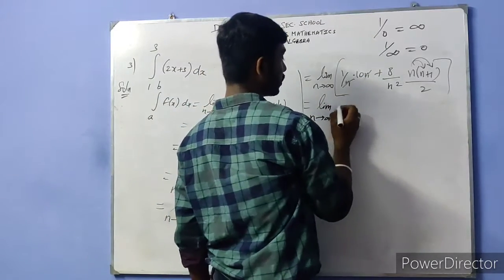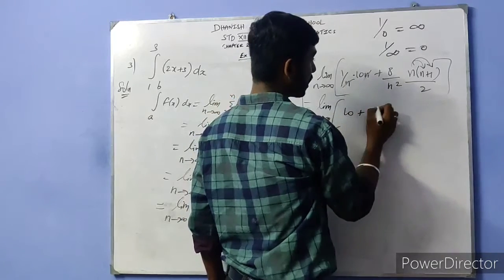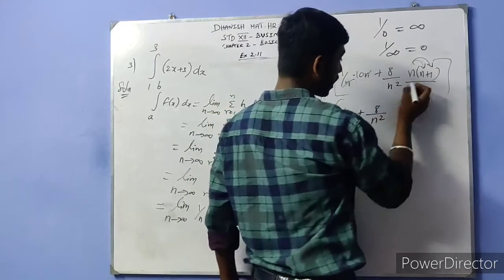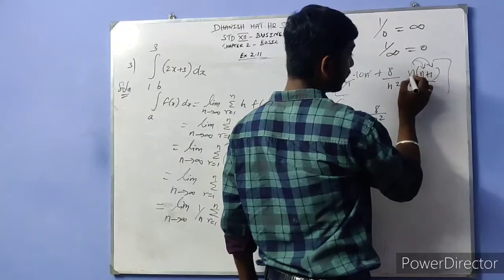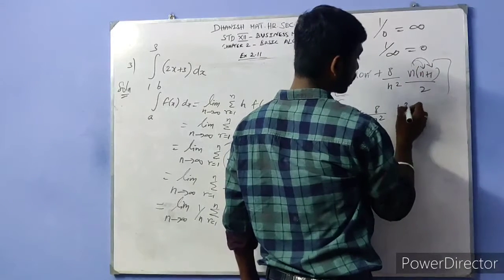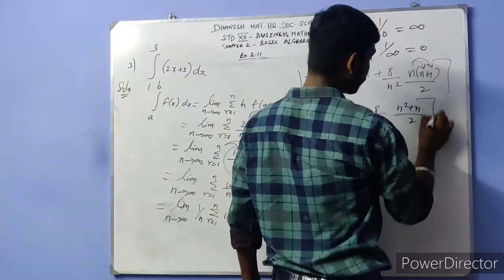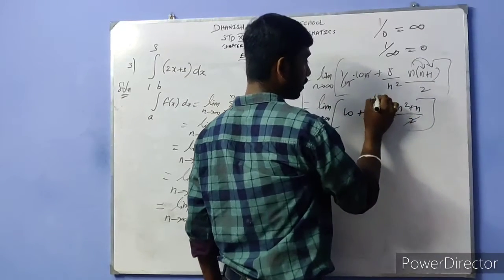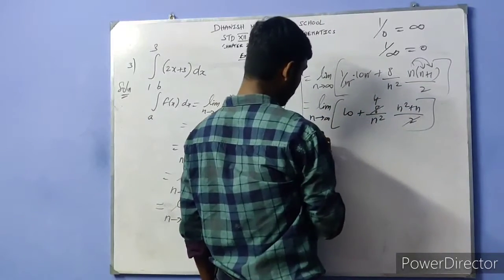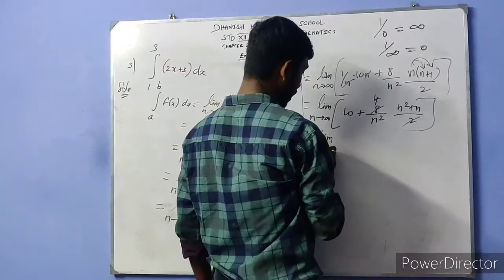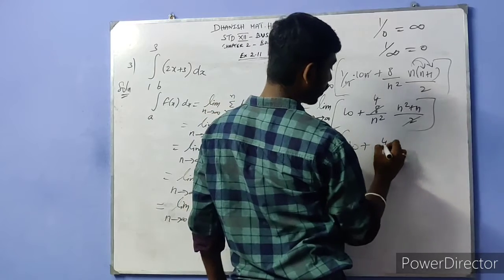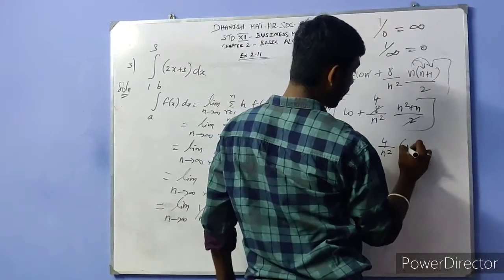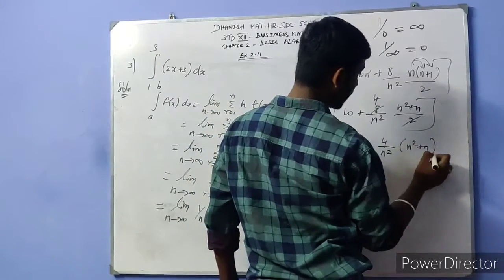So what are the remaining values here? 10 plus 8 by n square into n square plus n divided by 2. Then I am cancelling this one, that will be 4. What are the remaining values? Limit n tends to infinity, 10 plus 4 divided by n square into n square plus n here.